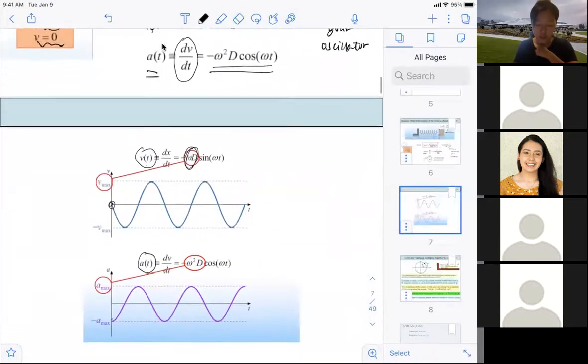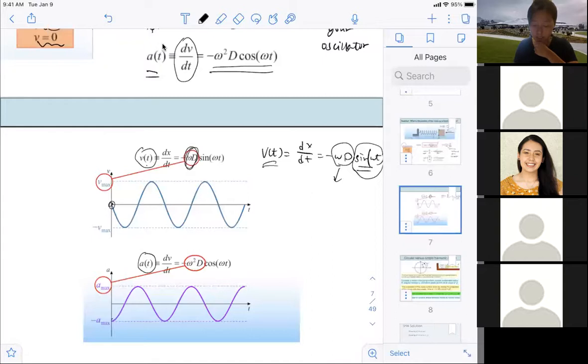So we can plot the velocity graph, we can plot the acceleration graph, and you can see that v is dx/dt, which is negative omega d sine omega t. So the maximum value velocity can have is this quantity, because the maximum value sine can have is 1.